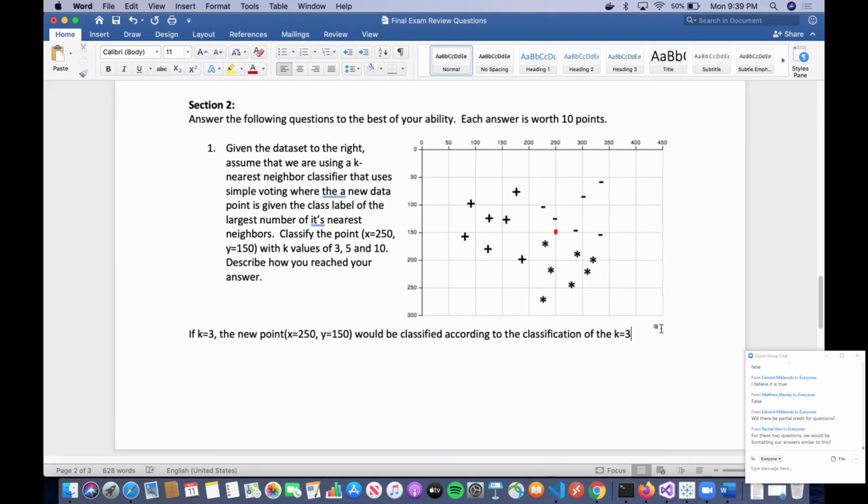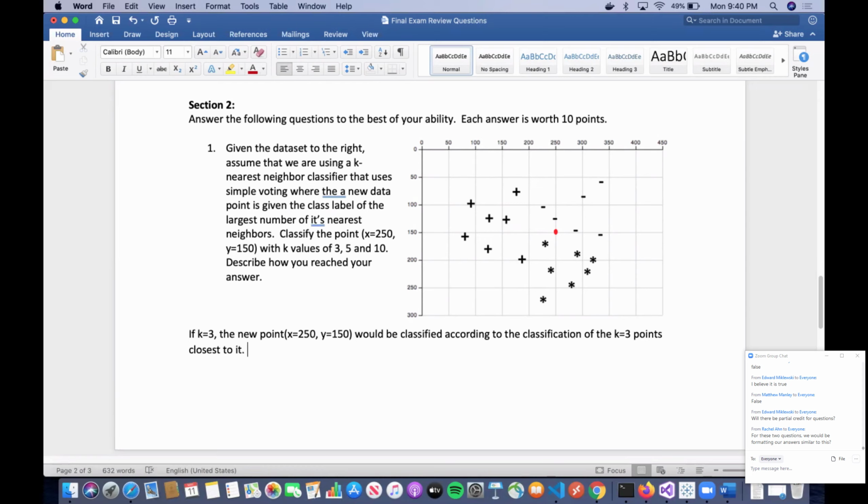So if k is 3, then our new point will be classified according to the classification of the k equals 3 points closest to it. The 3 points closest to it are going to be our classification.